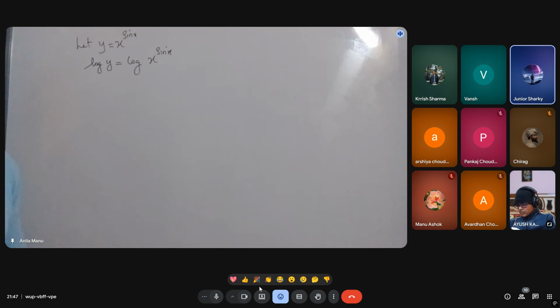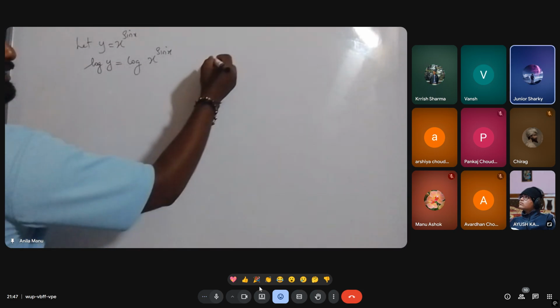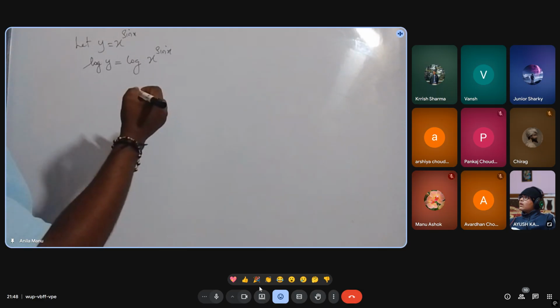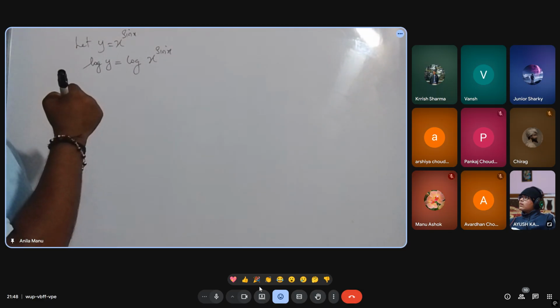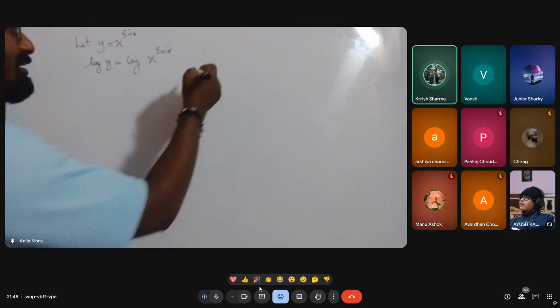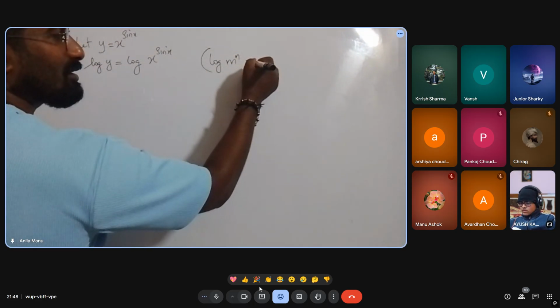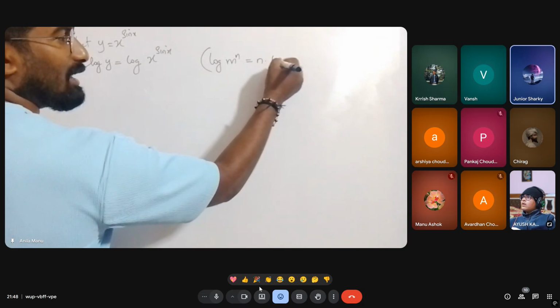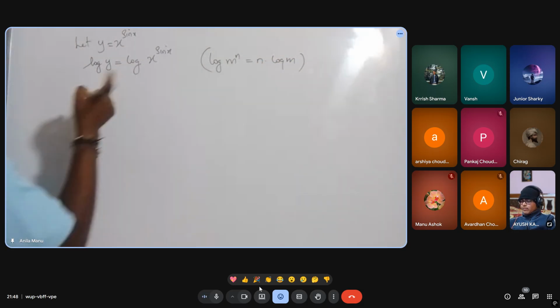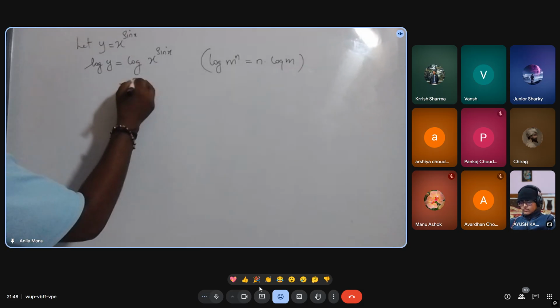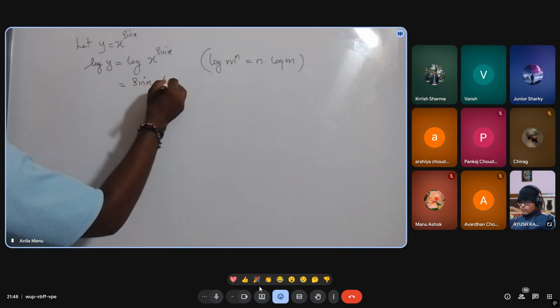Tell me which form of logarithm is given here? Log m raised to n. What is log m raised to n? n log m. Very good. So this can be written as sin x into log x.